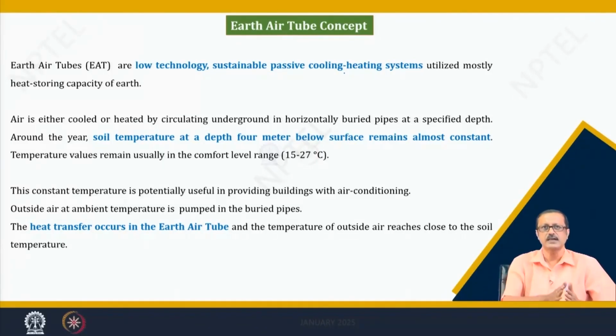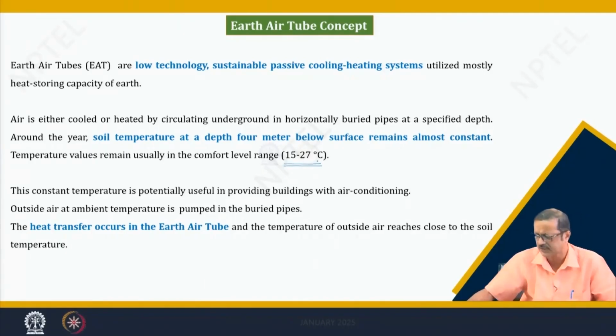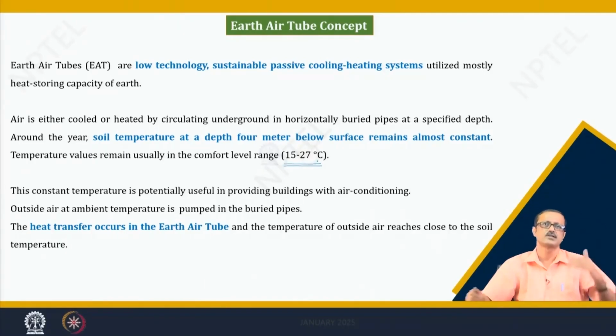That constant temperature will be about 15 to 27 degrees, depending upon many things. Of course, the normal outside temperature depends upon the soil, moisture content and other factors, but it will remain almost constant throughout the year.